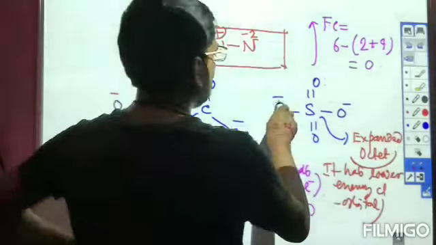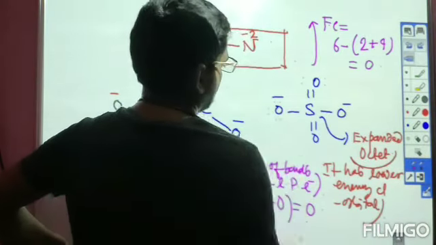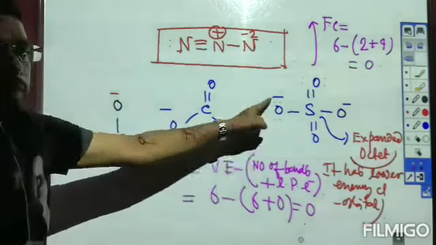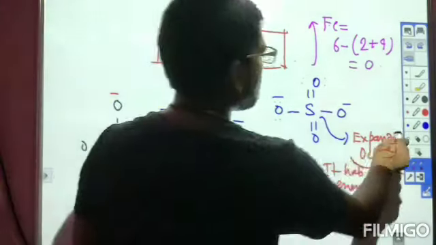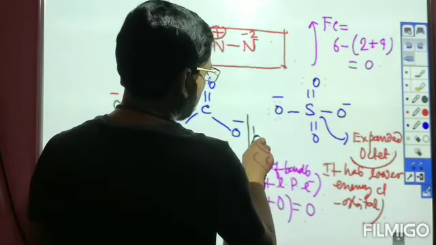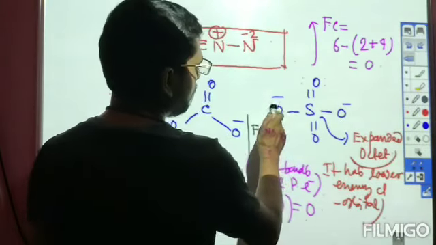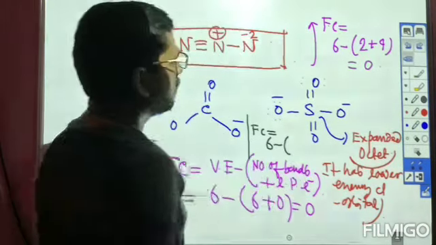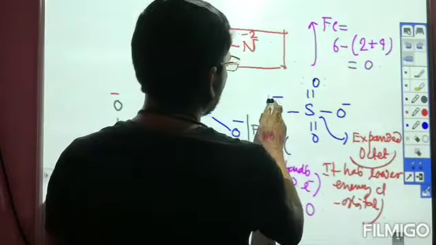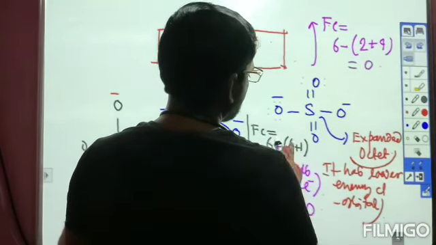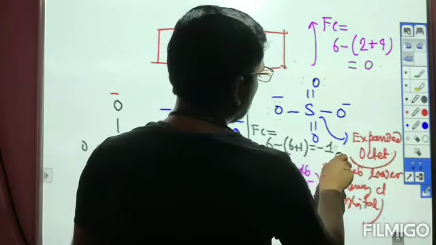How about this one? Here 2, 4, 6, 6 electrons on this oxygen, 3 pairs of electrons. Formal charge of this oxygen is valence electron 6 minus lone pair electrons 6 and number of bonds 1. So 6 minus 7 gives you minus 1.